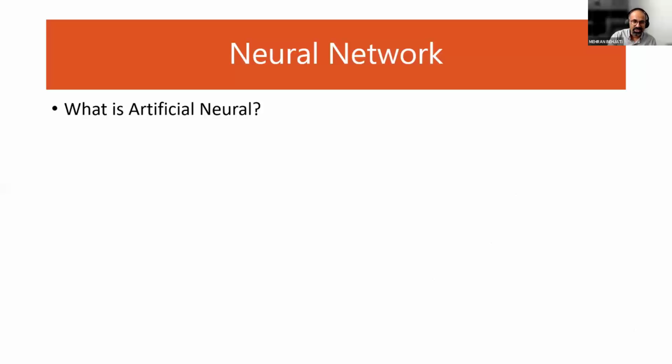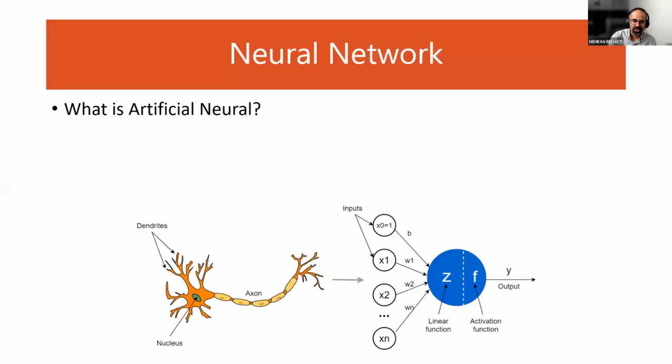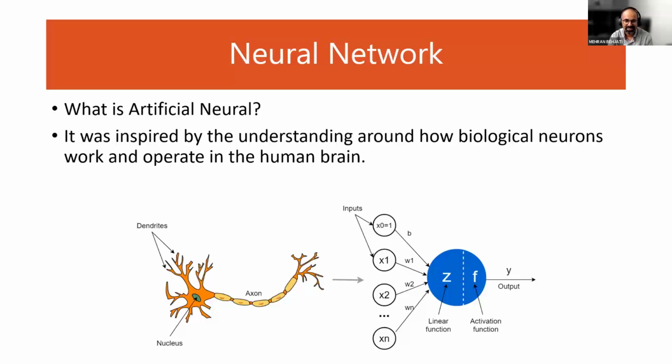In this case, we need to define that the artificial neuron was inspired by the biological neuron, so we try our best to mimic the operation of a biological neuron, to the best of our knowledge, from its actual performance and how it works in our brain.